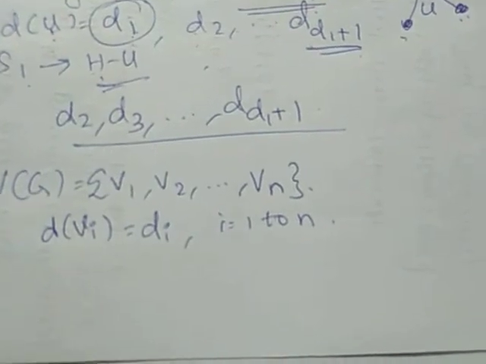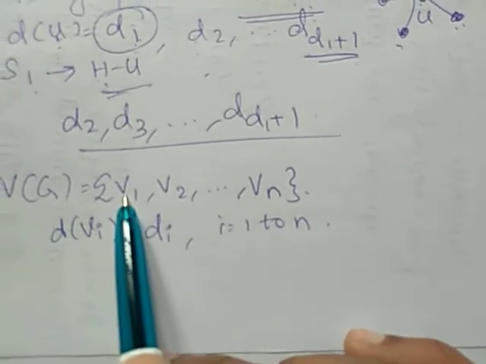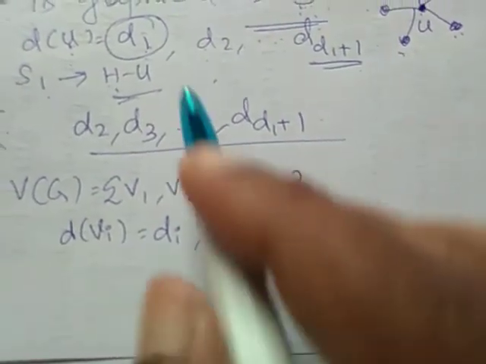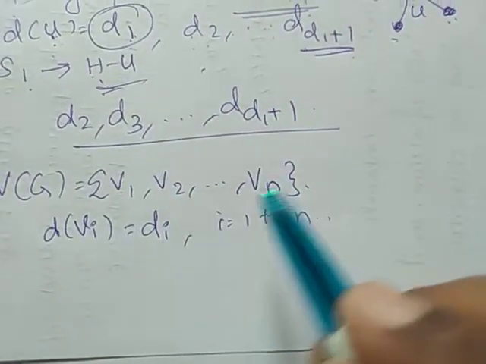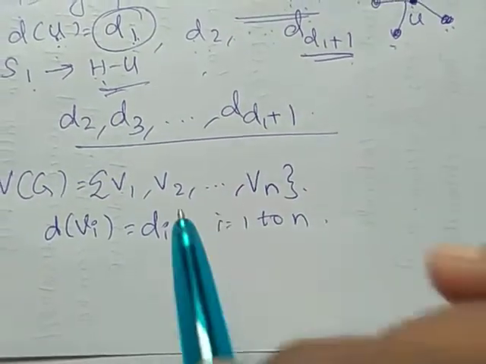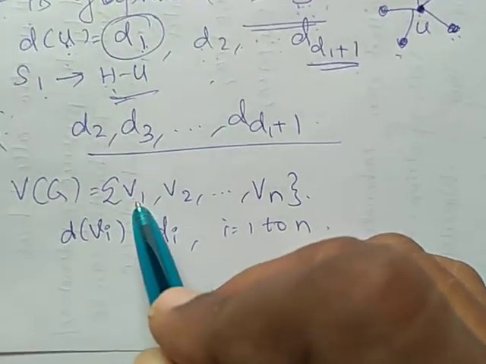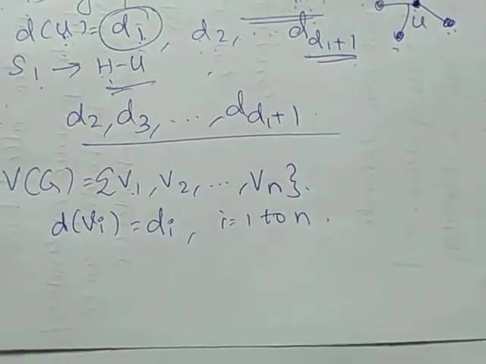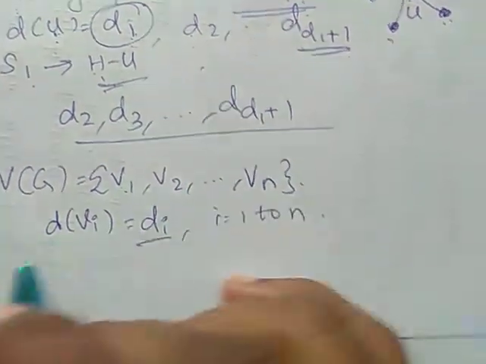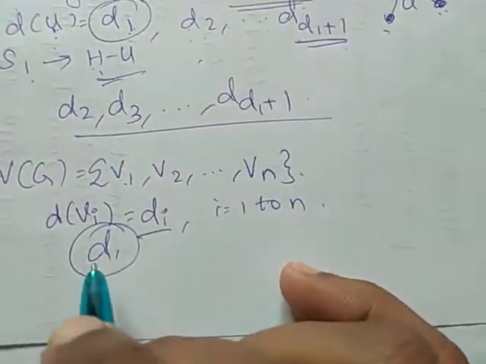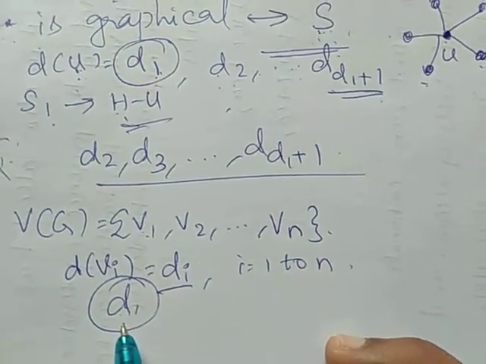The sum of the degrees of the vertices adjacent to V1 is as large as possible, because D1 should be the greatest value. So among these vertices, whichever has the highest degree, I am taking it as vertex V1. So D1 is the greatest degree, the degree of the vertex with highest degree.